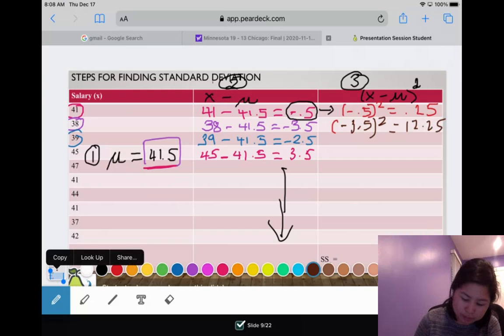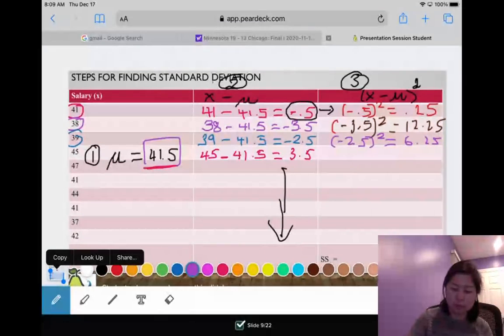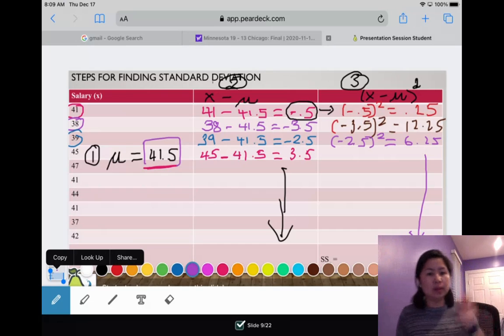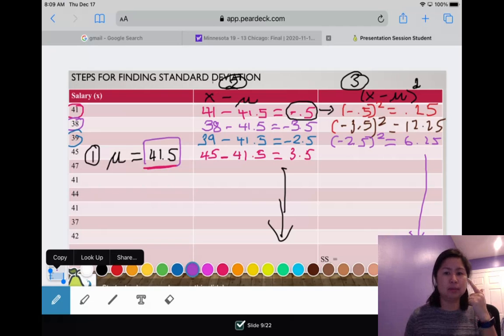Do the same thing for the next one: negative 2.5 squared would give me 6.25. We'll do the rest. So those are the 3 steps that we covered from the last class. How do we feel about that? Is there anything else that I need to go back and re-explain before we finish up the problem today? The 3 things we covered from the last class: find the mean, find the deviation, which is step 2, and step 3, we square the differences.